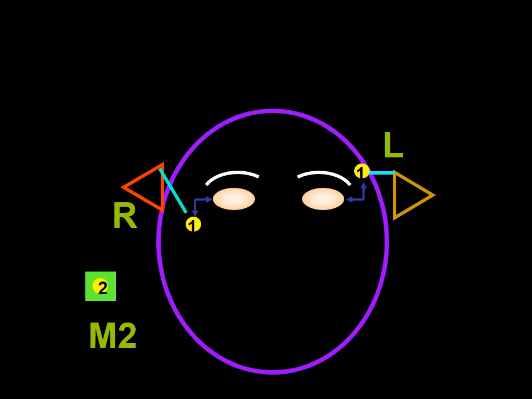Then the M2 electrode is placed on the right mastoid. The value of this electrode is taken to be neutral in relation to the eye electrodes. This electrode is then connected to the G2 entrance of both of the amplifiers used to monitor eye movements.